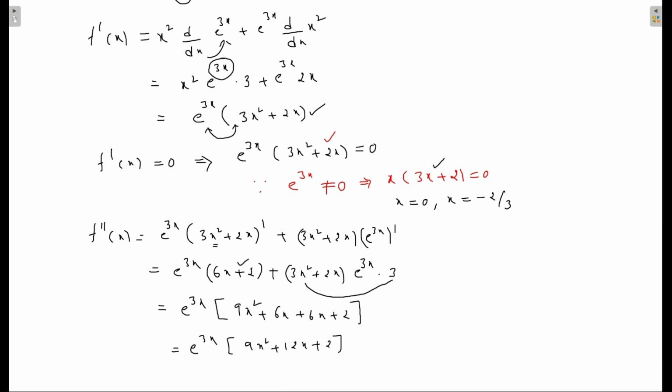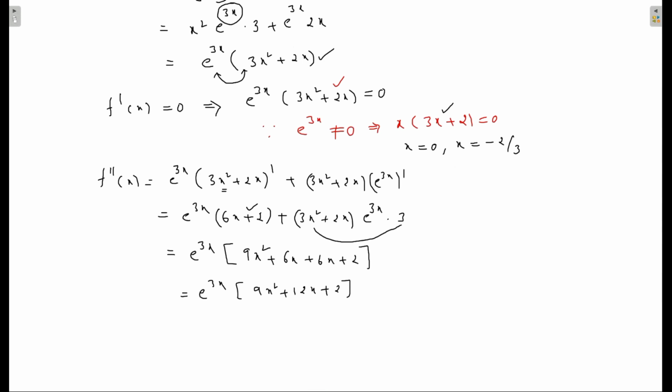Now find the value of f double dash 0. Substituting x = 0, this is 1, this is 0, this is 0, I am getting 2 here. 2 into 1 is 2, which is greater than 0, so at x = 0 we get a minimum value.